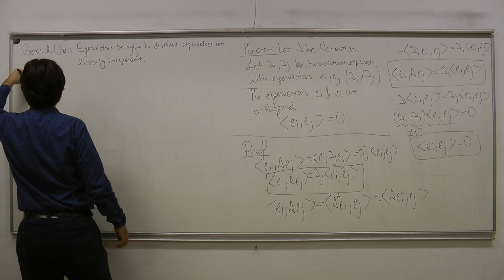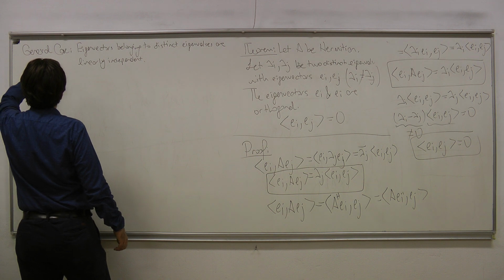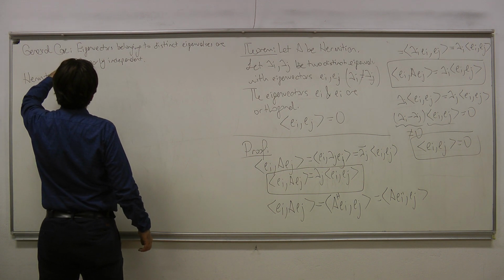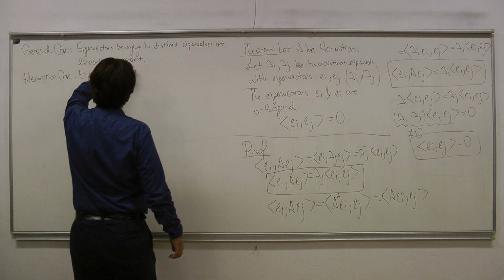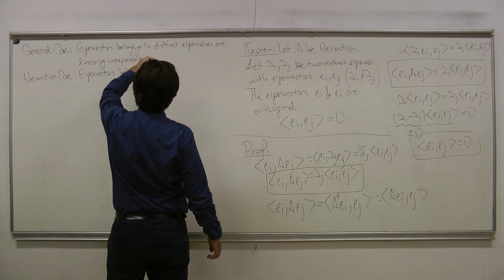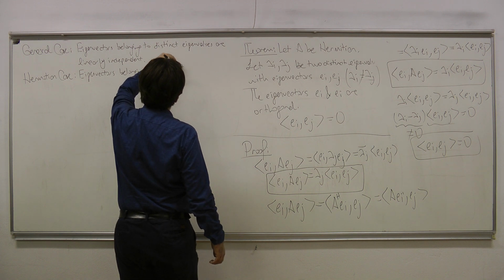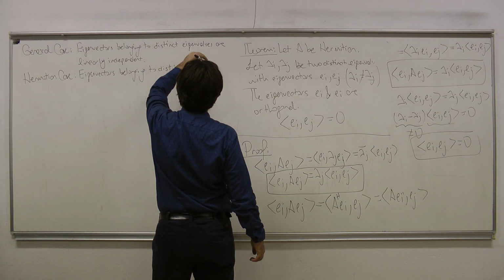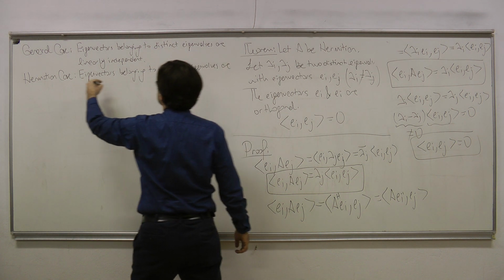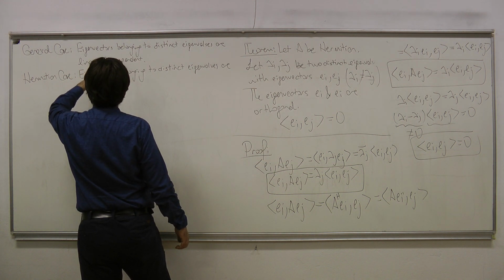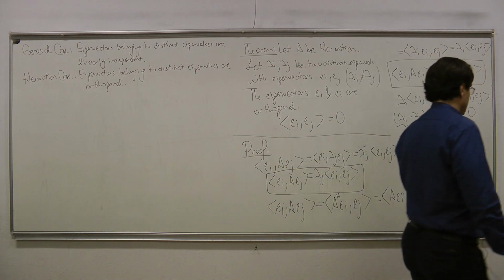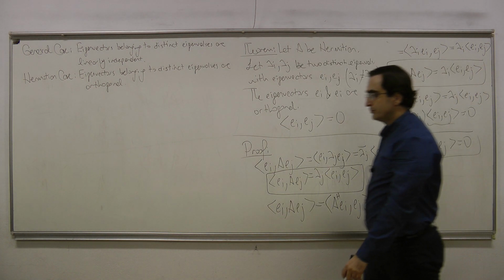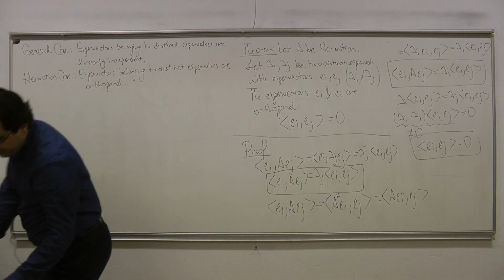Hermitian case: eigenvectors belonging to distinct eigenvalues are orthogonal. Okay? So this is the perfect property of Hermitian matrices.